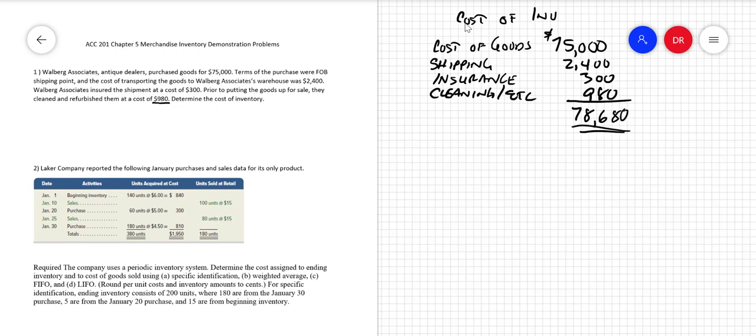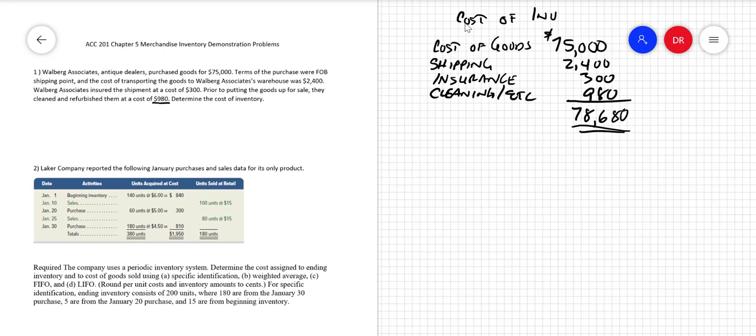This is an illustration of the cost of acquiring something and getting it to your place of business and getting it set up so that you can actually sell it or use it in your business, placing it into service.